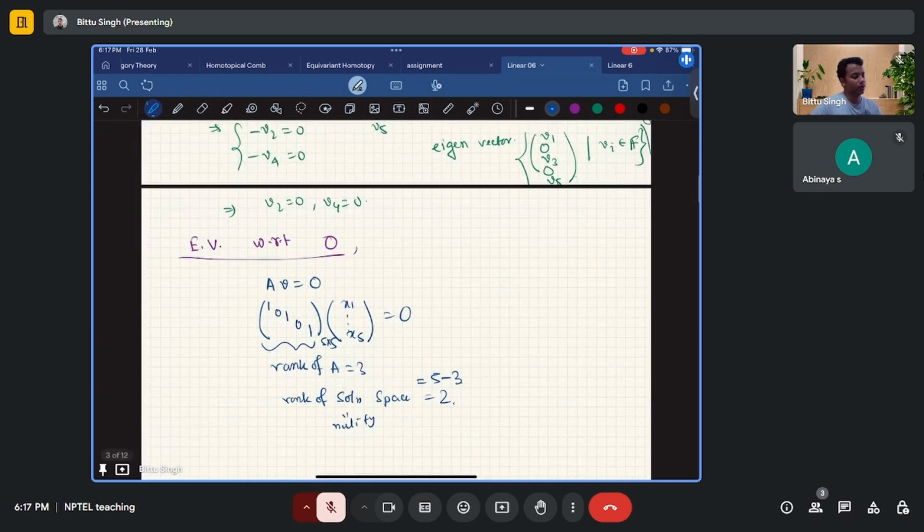Therefore we already have 5 linearly independent eigenvectors.